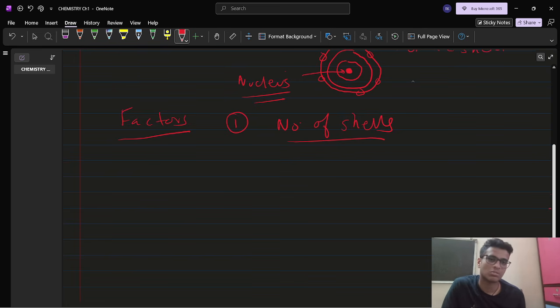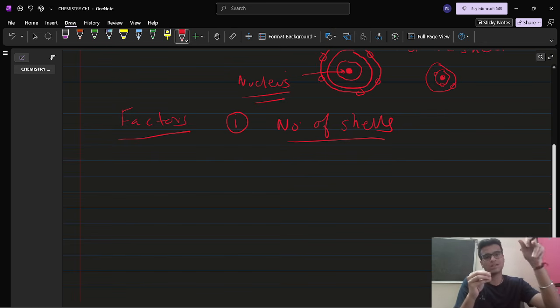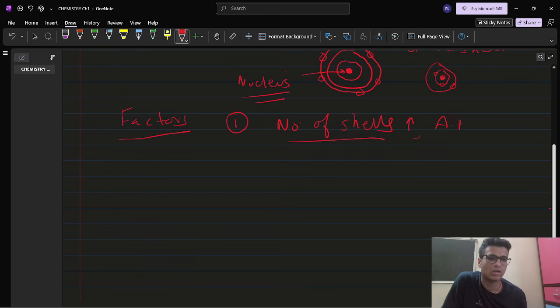But if I draw one more here, say this is the nucleus and I have the K shell, the first shell, and the last shell, just two. Here I showed 2 electrons, here I showed one. Suppose it is lithium. Of course, this is not lithium, I'm just giving a name to represent it. Obviously its atomic radius will be smaller than the earlier one, since that has more shells with the nucleus in the middle. If the shells are increasing, then obviously the atomic radius will increase. So, as the number of shells increases, atomic radius increases. This is the first factor.